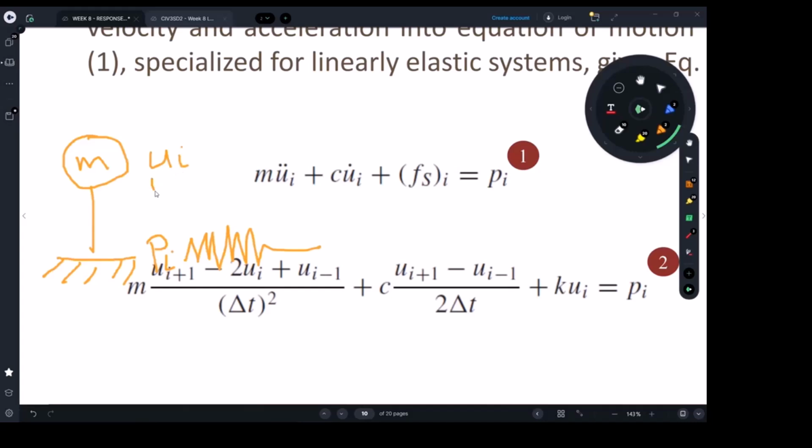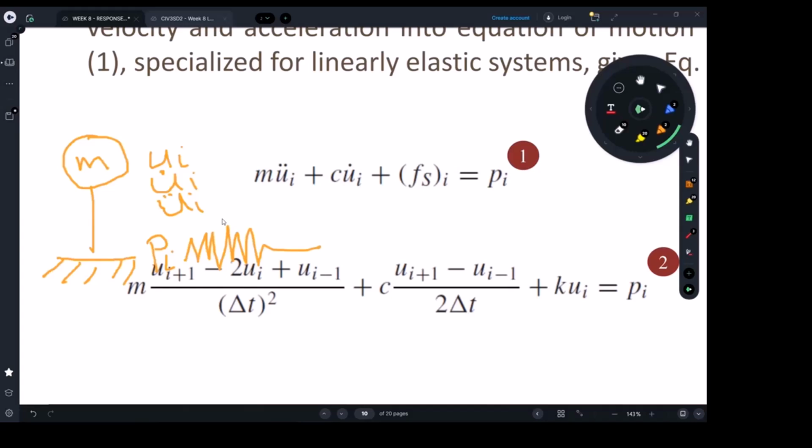And sometimes we will also need to find the velocity, which is U with one dot. And sometimes we need to find the acceleration, which is U with two dots. Because you know the acceleration, if we multiply it by the mass, it will give us the force. Right? So it depends on what we want to use.